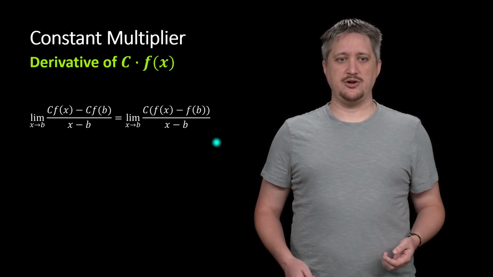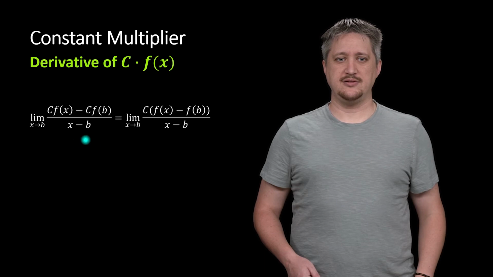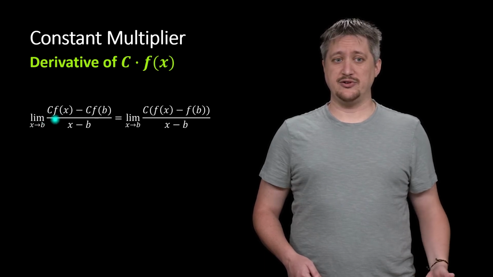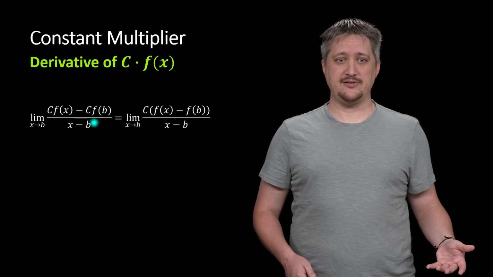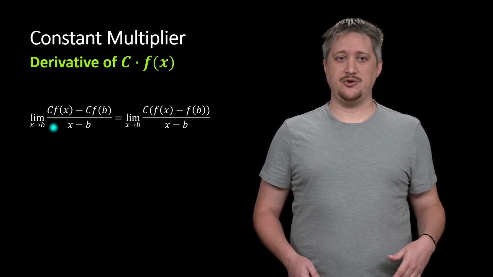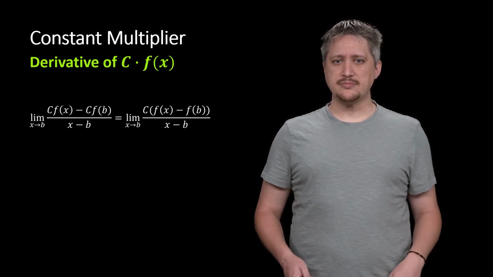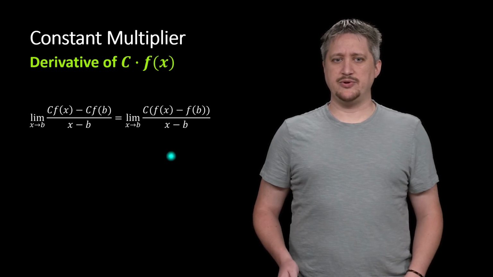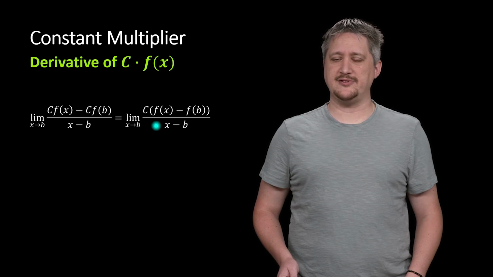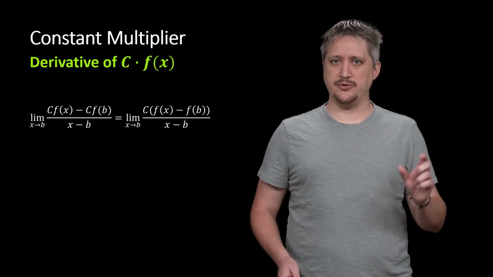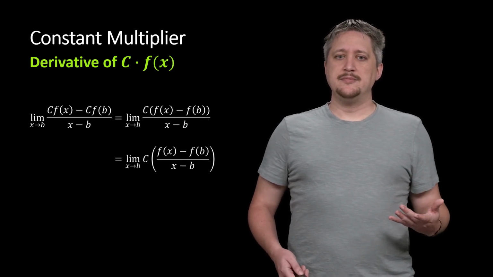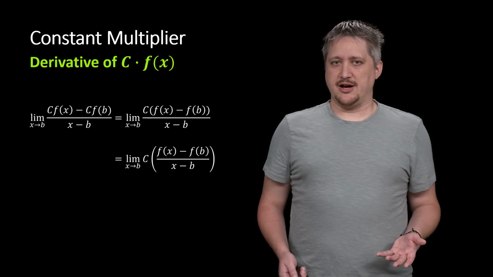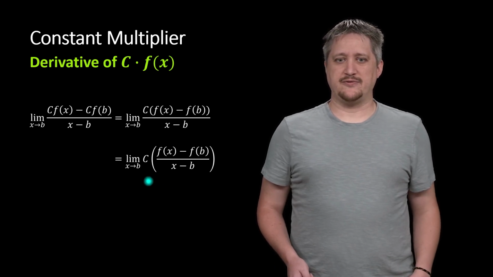So again, we start with our classic difference quotient. c times f of x is our function, so we have that thing at x minus that thing at b, all over x minus b. Then all I do in this first line is pull out that common c from both top terms. But then it's multiplying everything in the top, so I can pull it out of the fraction entirely.